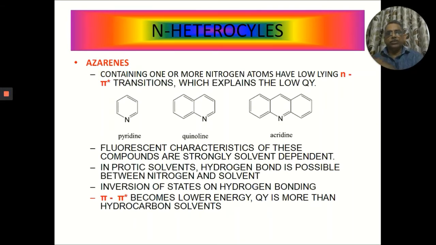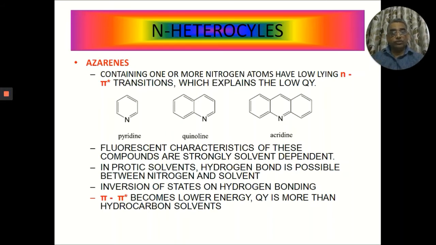Now, if we make nitrogen heterocycles, they are the azarene family of molecules: pyridine, phenanthroline, acridine. If you have one or more nitrogens, your low-lying transitions are n to pi star. And we already said whenever you have an n to pi star transition, the quantum efficiency of the fluorescence is quite low.